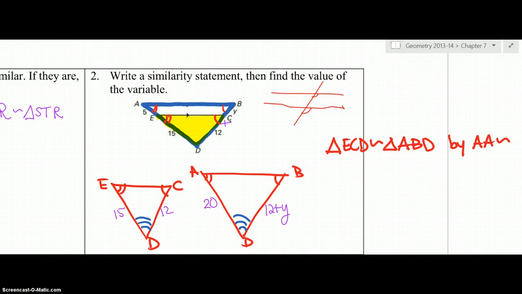With me? Okay. So now, we know that these triangles are similar. And anytime we have similar polygons, what do we know about the angles? What do we know about corresponding angles? They're congruent. And what do we know about corresponding sides?